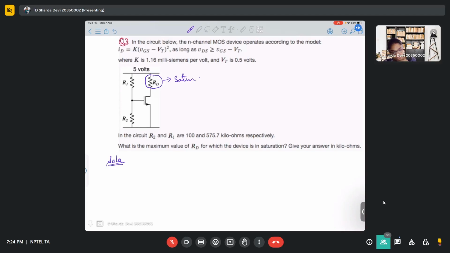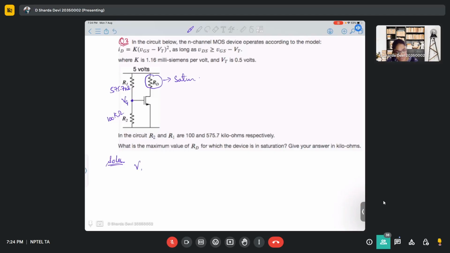So what is the first step that you'll do to solve this problem? I think we need to get the V overdrive first. Since we have these values of resistances, we'll use the voltage divider and we'll get the value of this VG, right?